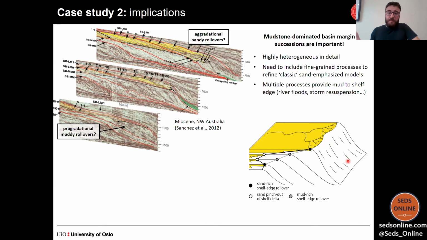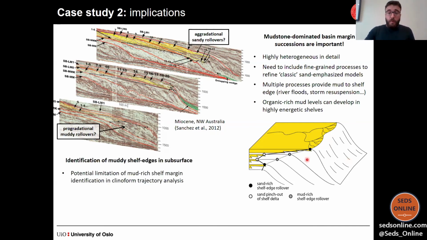We know now that multiple processes can provide mud to the shelf edge: river floods, storm resuspension, fluid mud. And therefore, we know now that organic-rich mud levels can develop in quite energetic shelves.